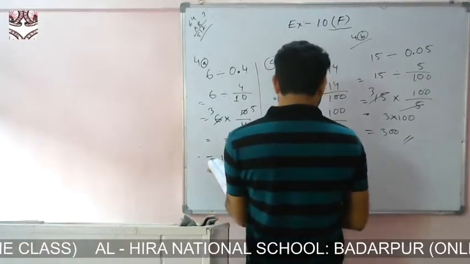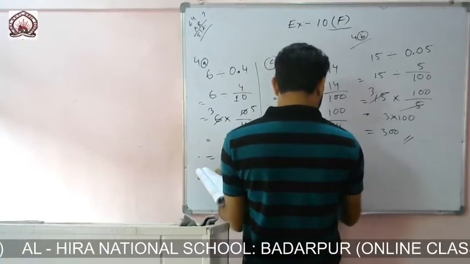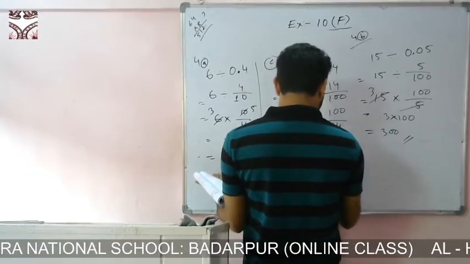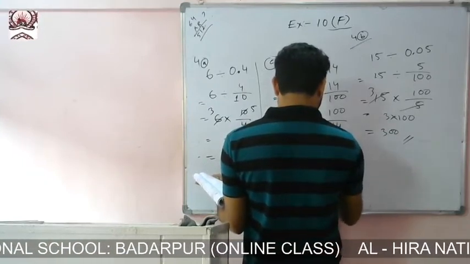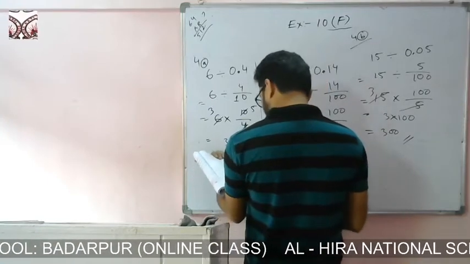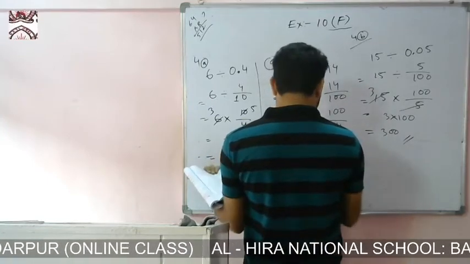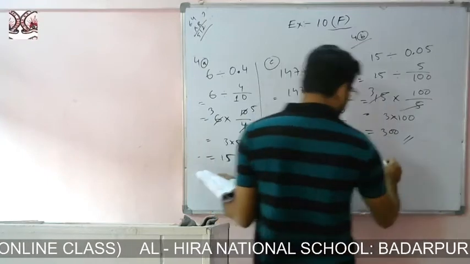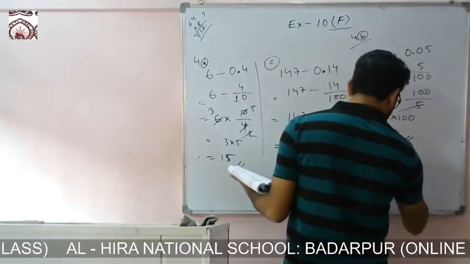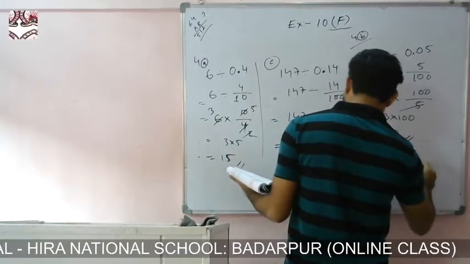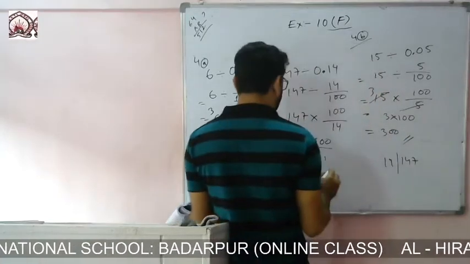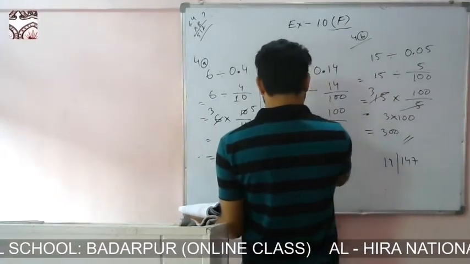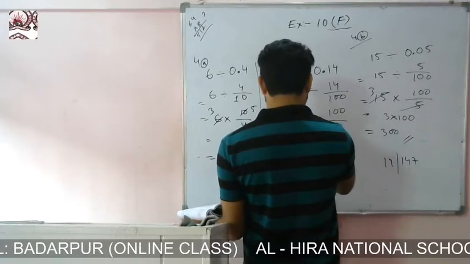You can cancel like this. 14 1s are 14. Here 14 1s are 14. Here 7. Or you can cancel with 7 also. 7 2s are 14. 7 1s are 7.